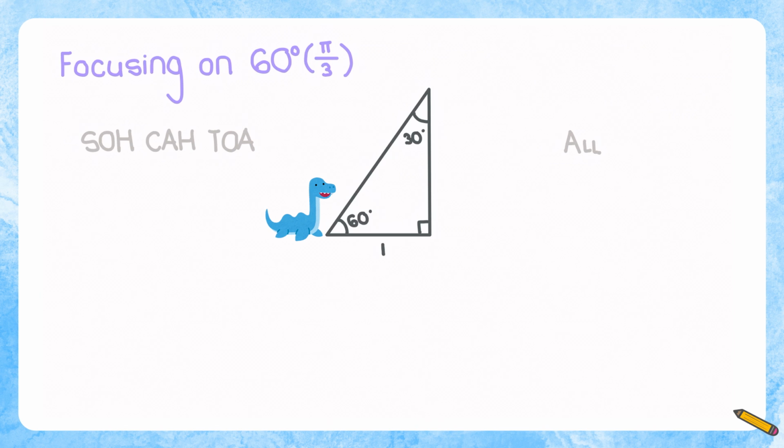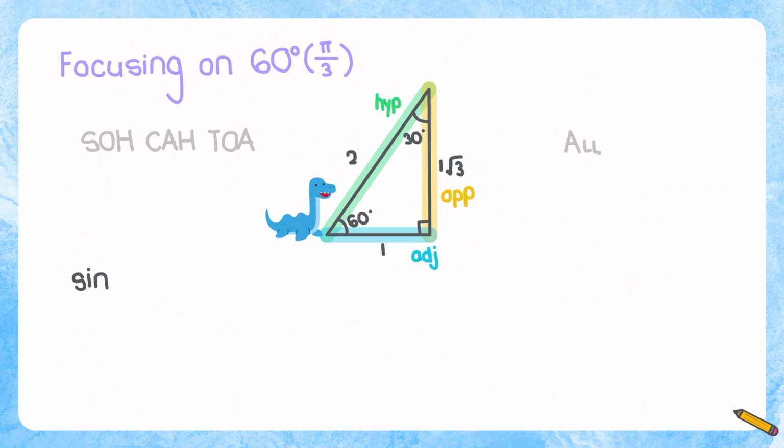The long leg has a length of 1 times radical 3, or just radical 3. And the hypotenuse has a length of 2. Make sure you correctly label each side depending on where you're standing. So we have the hypotenuse, opposite side, and adjacent side. So we can now set up our trig ratios.